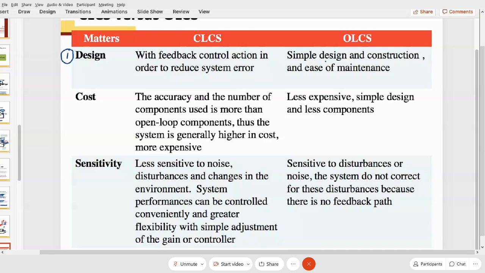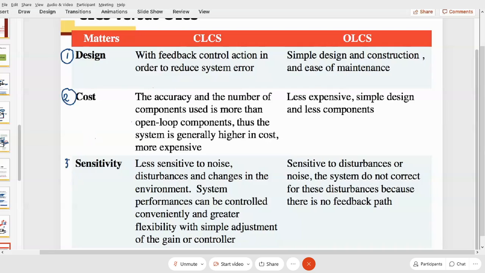You just give the input, the controller and the actuator, and the system will run. So in terms of maintenance also it will be reduced. Then in terms of cost, which one is more expensive, closed loop or open loop? Meaning more components, more transducers, a controller, and programming, so maybe high cost.